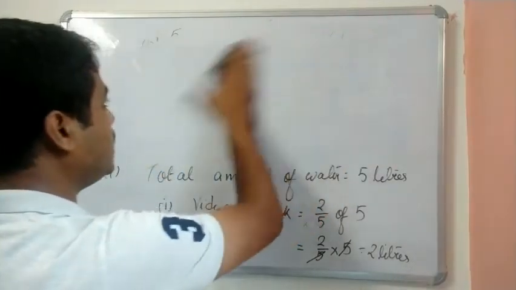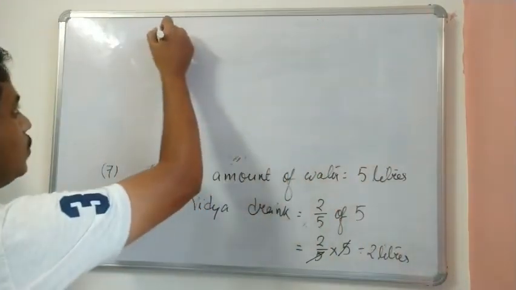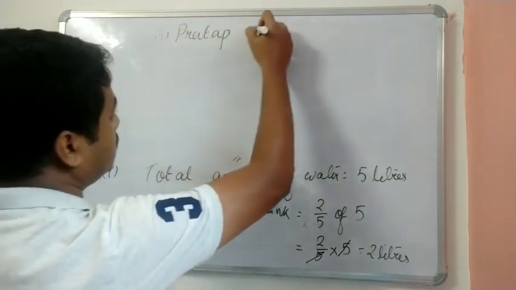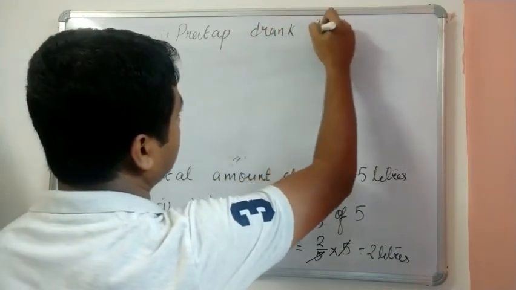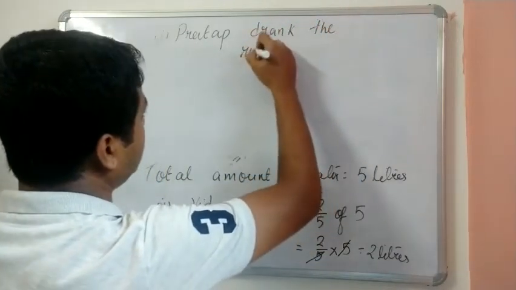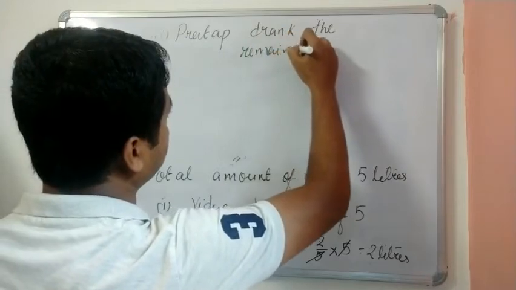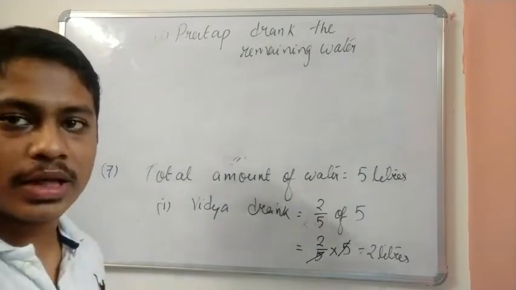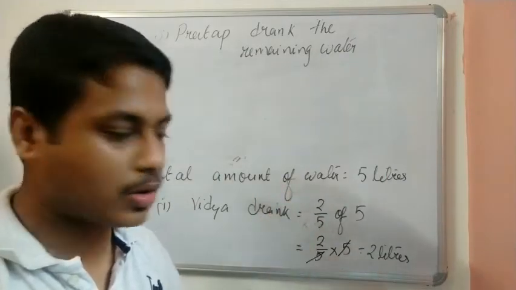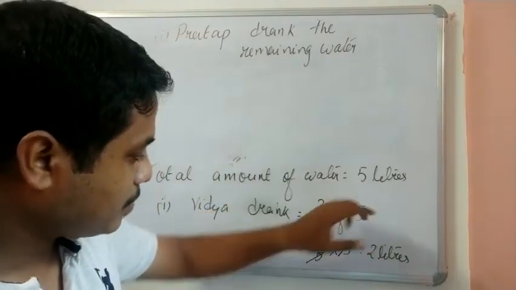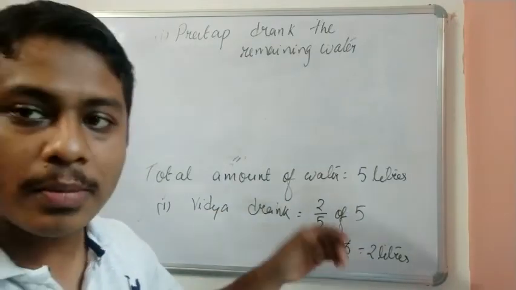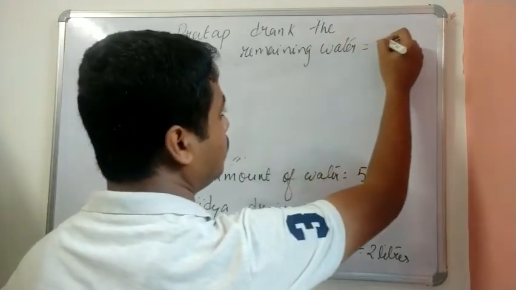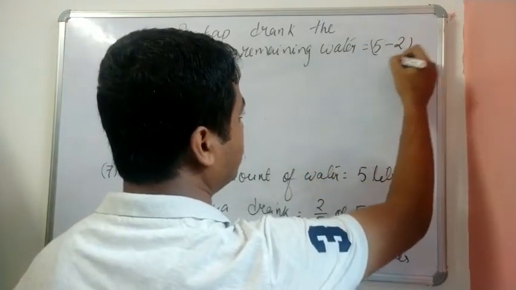Next, part 2: Pratap drank the remaining water. The total liters present in the bottle was 5, and Vidya has drunk 2 liters. So how much will be left? Obviously it will be 5 minus 2, so 3 liters left in the bottle.